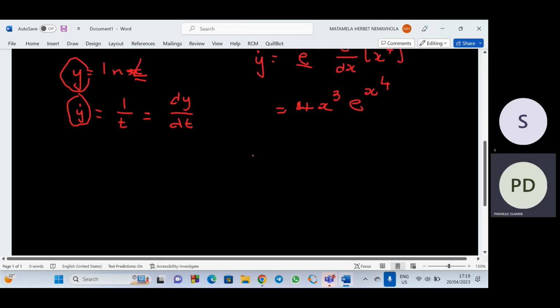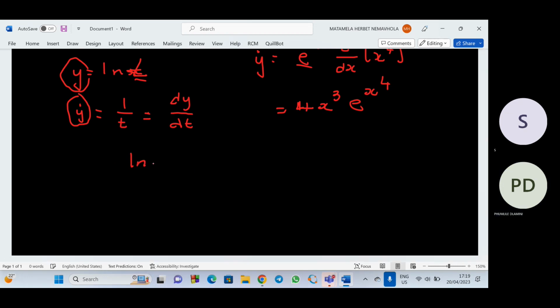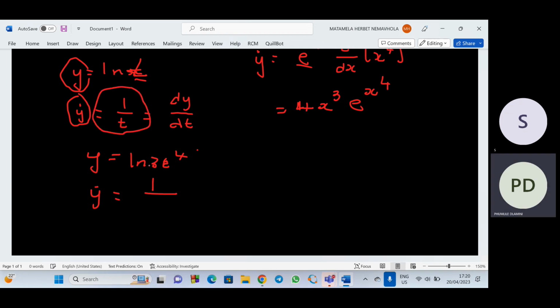Now if I have ln of 3t to the power 4, when I differentiate, this is my y. So when I differentiate this equation, it's going to be equal to 1 over, we follow this instruction, we write everything that is there, 1 over 3t to the power 4.